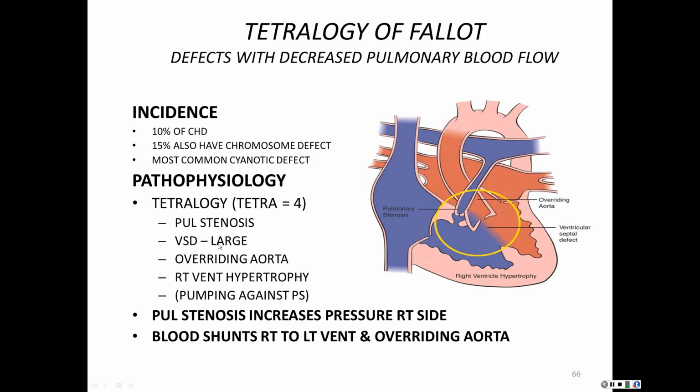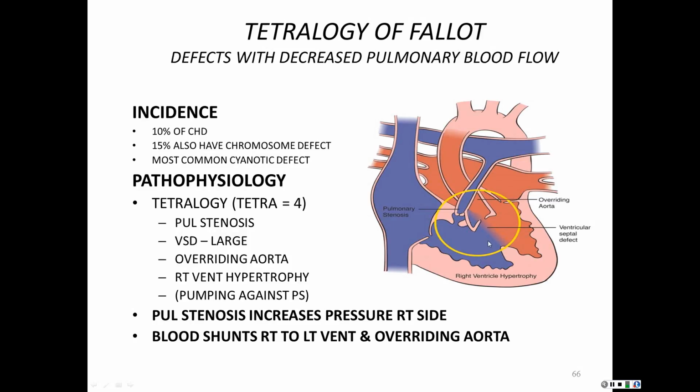This child also has a very large VSD, ventricular septal defect. They have an overriding aorta, and what that means is that the aorta extends almost into the right ventricle as well through that defect.